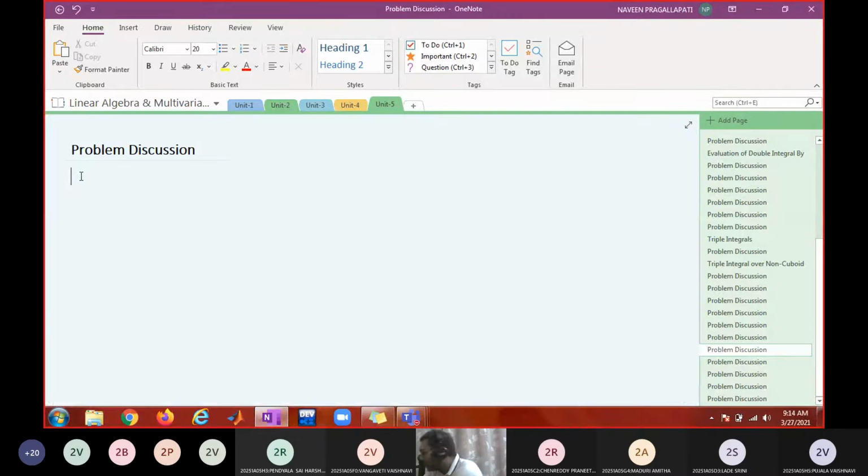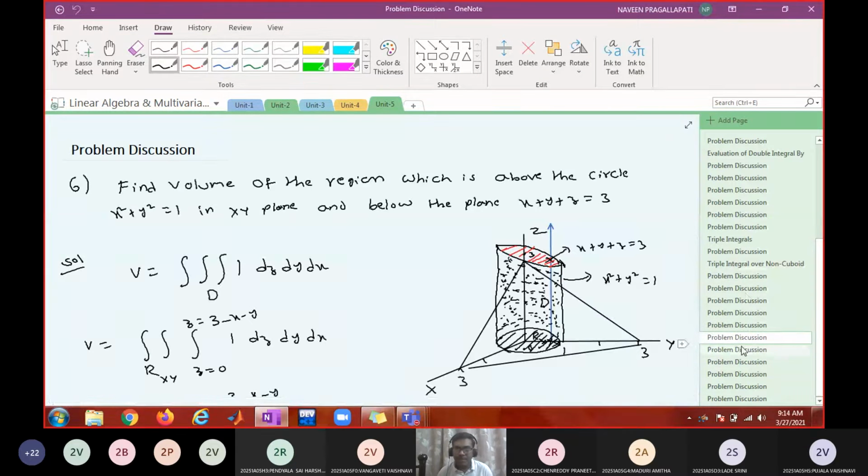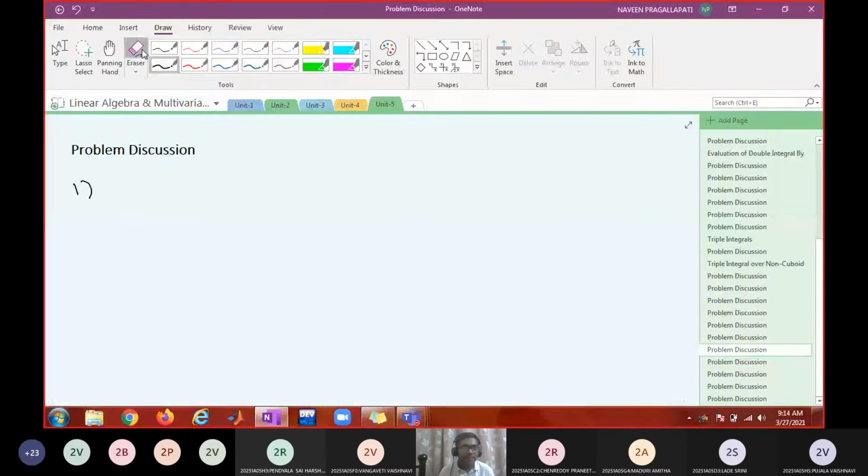So take this problem. Find volume of the sphere.